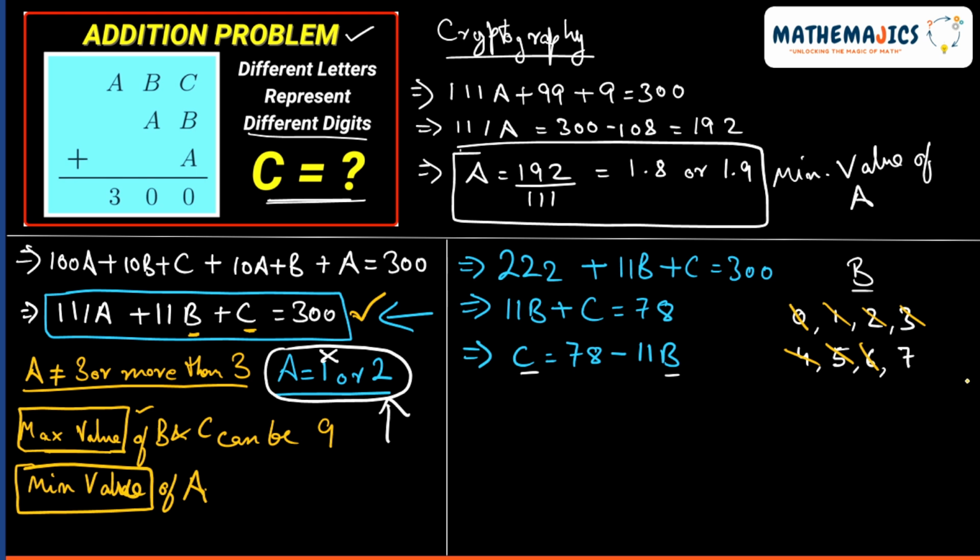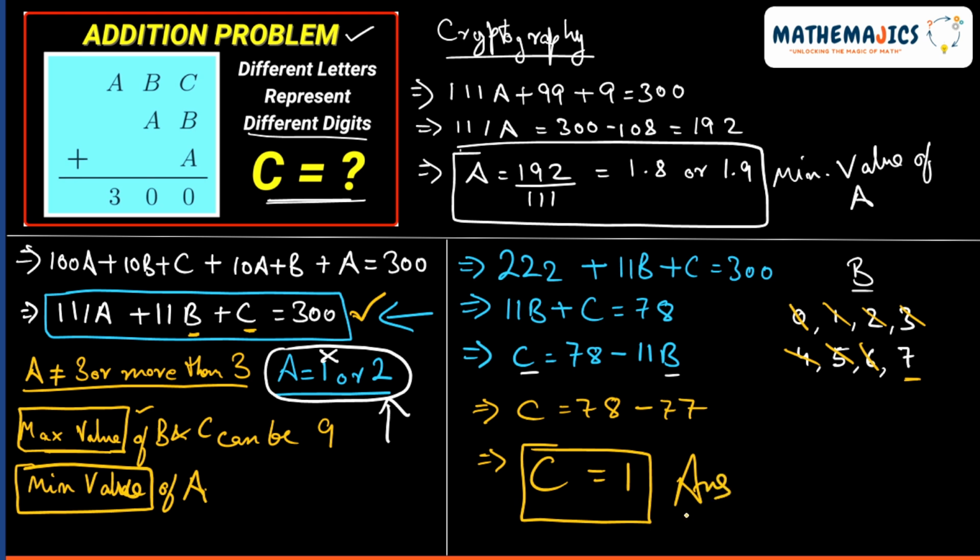So the only possible value of B here is 7. Let's substitute B as 7. We will get 78 minus 77, which gives me C as 1.